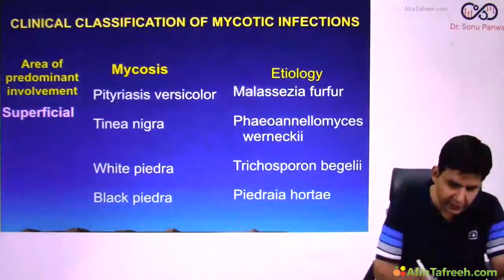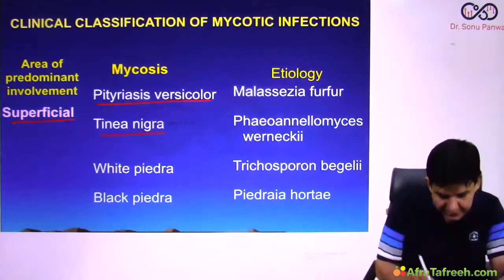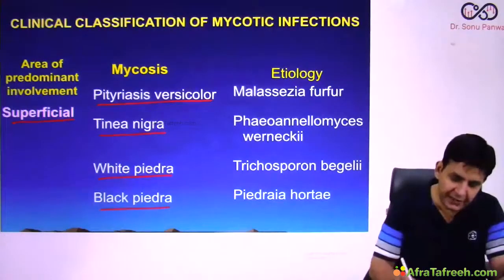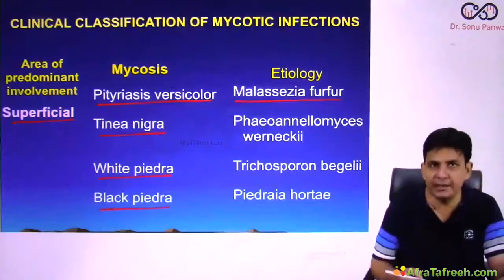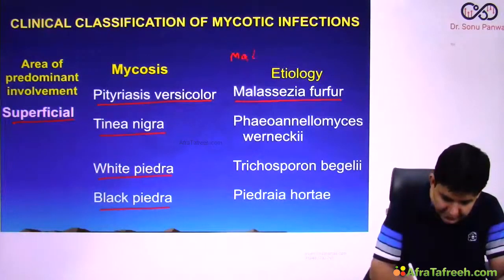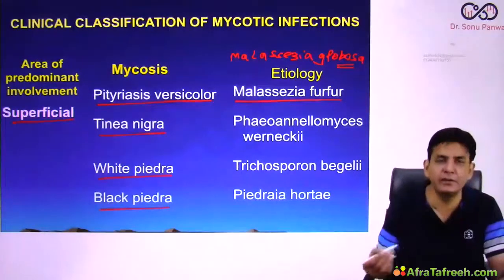First of all, we'll talk about the superficial ones. These are Pityriasis versicolor, Tinea nigra, white piedra, black piedra. Pityriasis versicolor, the etiology is what? Malassezia furfur, and on the skin they say Malassezia globosa, but the questions mainly have come regarding furfur.